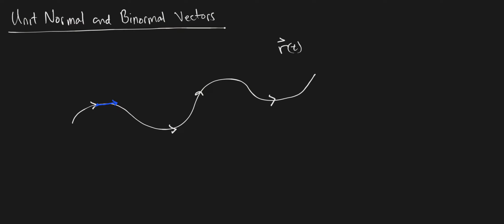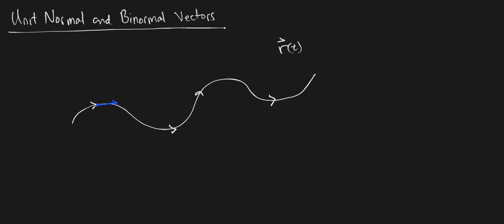The problem, though, is that when you differentiate a unit vector, the derivative isn't necessarily a unit vector. So even though we now know the direction of that is perpendicular to the blue, if we want to call it a unit vector, then we have to normalize it as well.